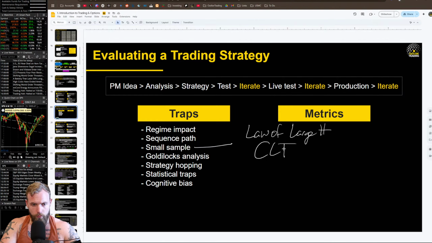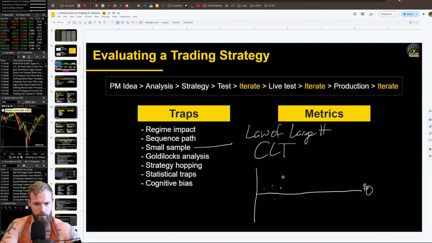So the Cliff Notes version for both of these is, if I plot my return, zero line, and this is just my trade count. If I plot 5 trades, making money, this looks pretty good.